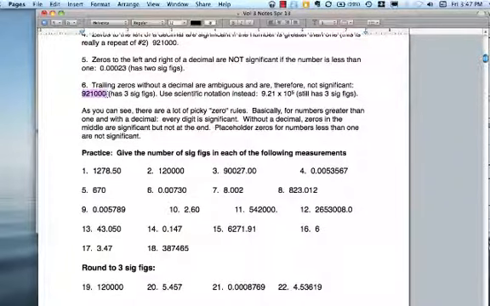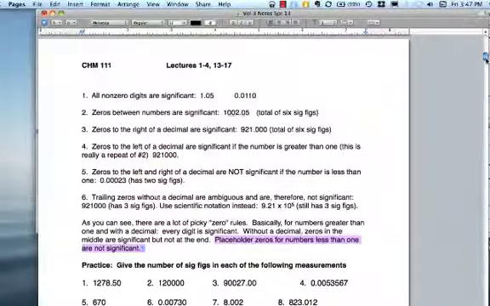Now, numbers that are less than 1 also have some picky rules. Placeholder zeros for numbers less than 1 are not significant. Okay, but everything else is. And generally, numbers less than 1 have a decimal. So, here, these are placeholder zeros on this number, but this one at the end is significant.